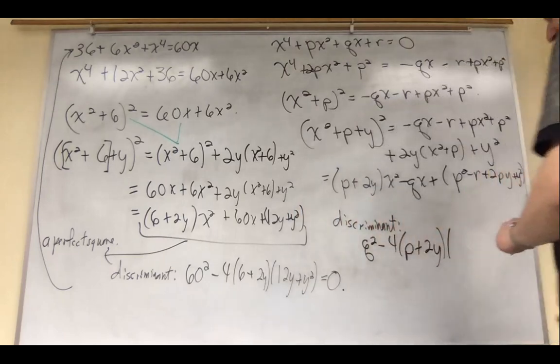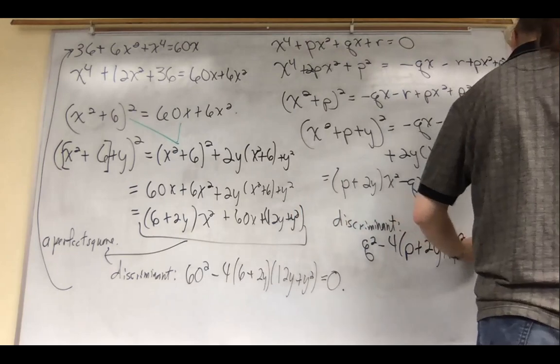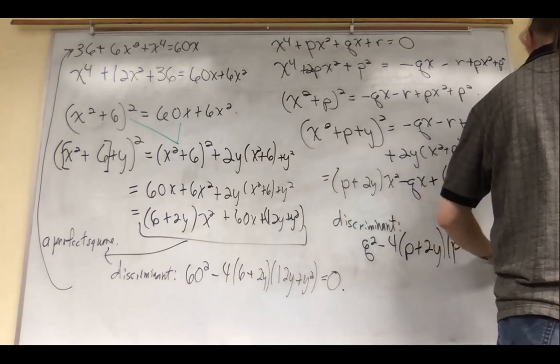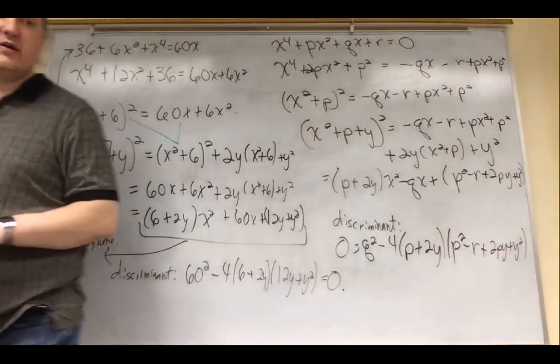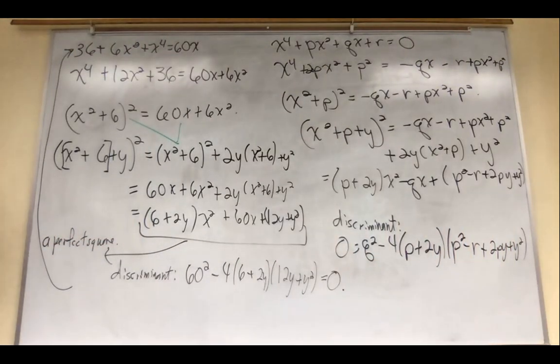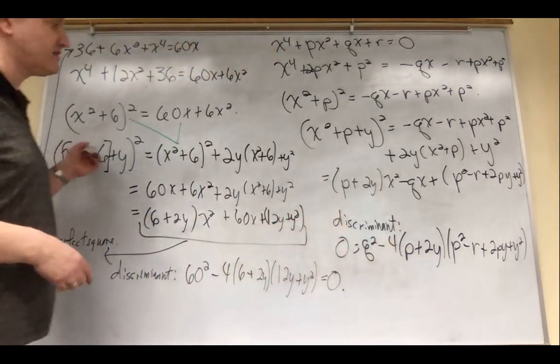Of course, they didn't call these things b squared and q squared, but I'm letting us use our language for the discriminant since it's the same idea that they have. And set that equal to 0. Solve that equation for y. And then follow the same process as I outlined over here.